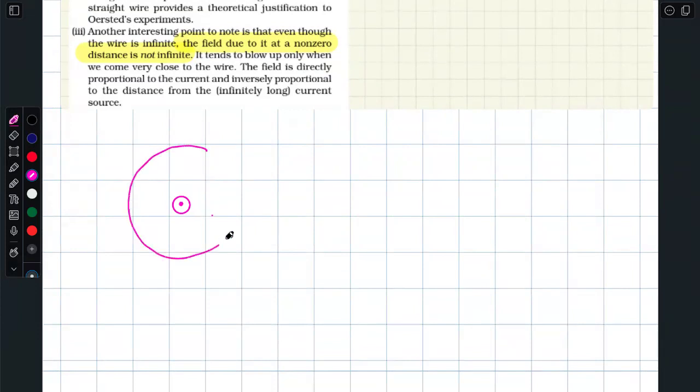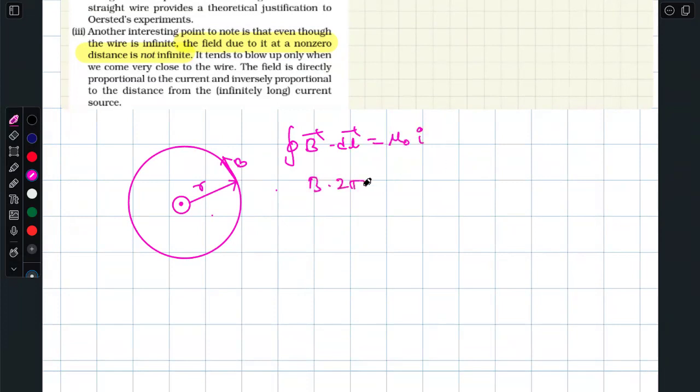Now imagine a circle with this point, the dot, as the center, radius R. At this point, this is the direction of B. As per Ampere's law, integral B bar dot dl bar is mu naught times I enclosed. B into 2 pi R is mu naught times I. B is mu naught I by 2 pi R.